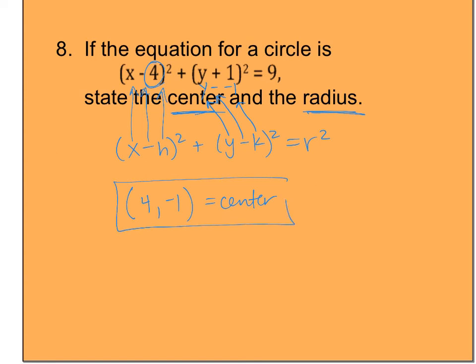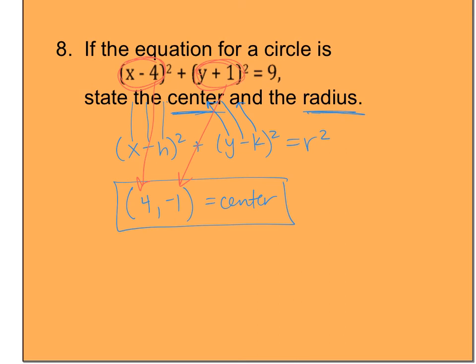Center is 4, -1. Now I'm going to do a little erasing here and I want to talk about this one more time. Really what I do is I just take the opposite of whatever's in there. In here it has a -4, but our answer is a +4. In here it has a +1, but our answer is a -1.